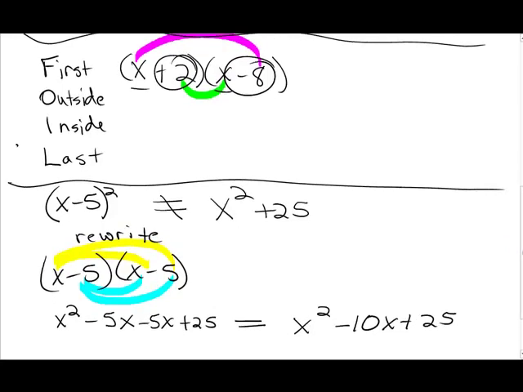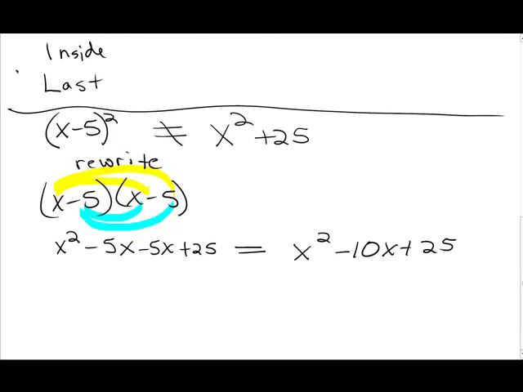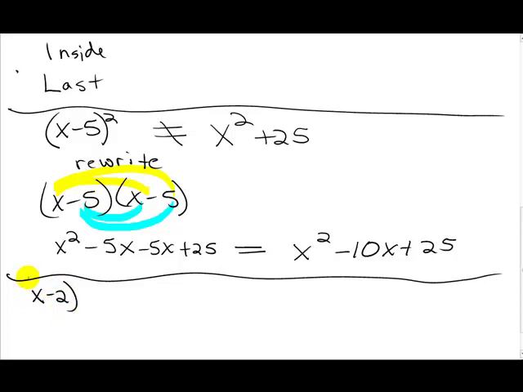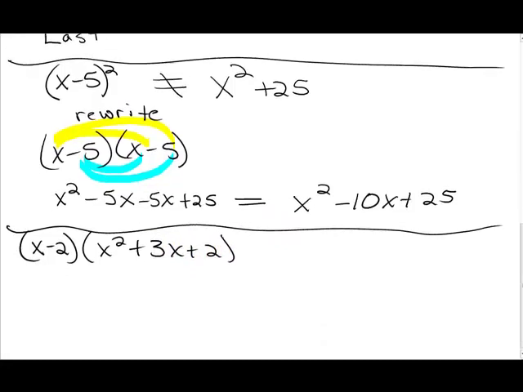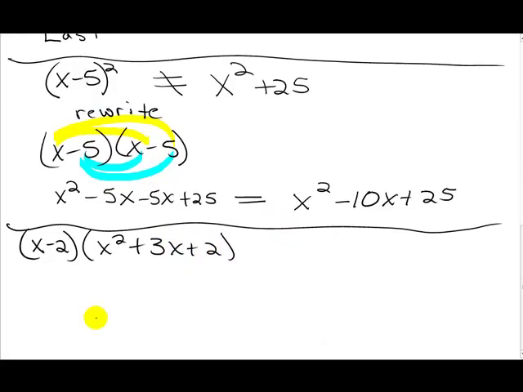Alright, so let's look at some more multiplication. Here we have x minus 2, and all of that's multiplied times x squared plus 3x plus 2.